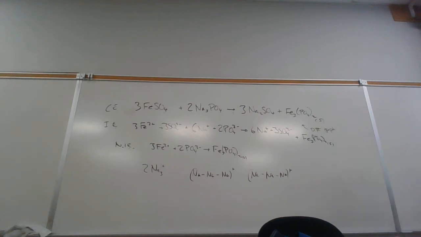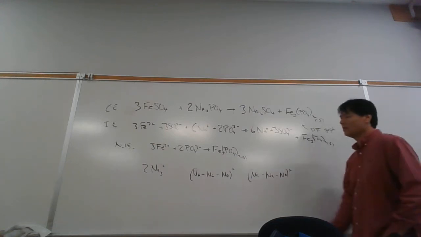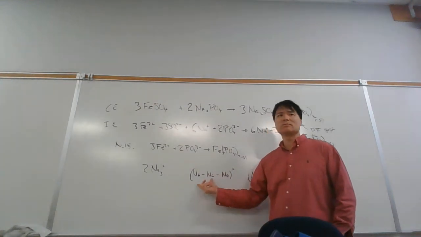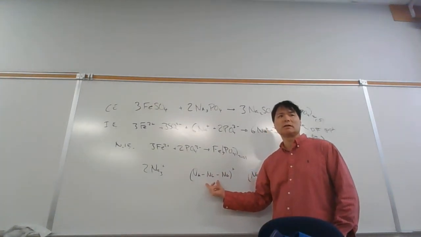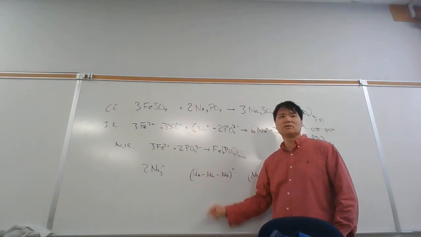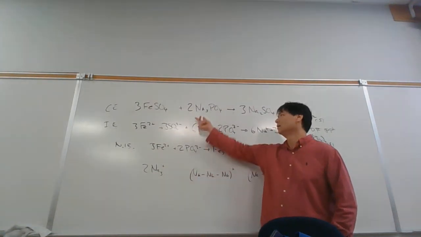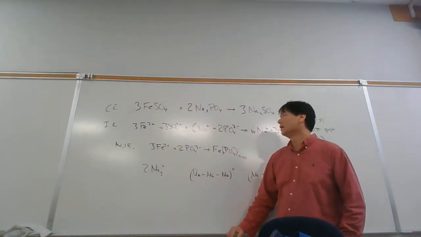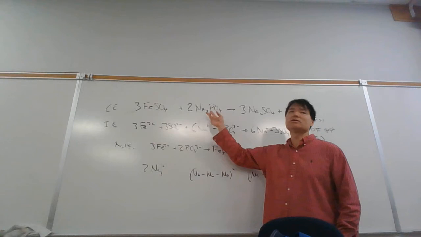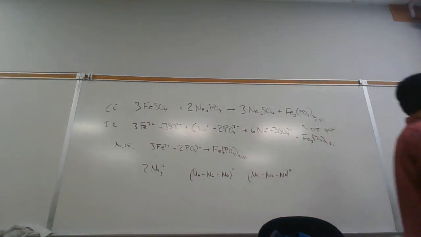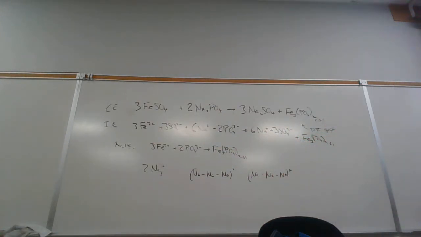The only one that does this is mercury. Mercury is a weird one because it forms a diatomic cation, Hg2 2+. But none of the other ions do this, when we're looking at monatomic, like iron 3 or Na. It doesn't stay together. Those sodiums are actually in the lattice separately.